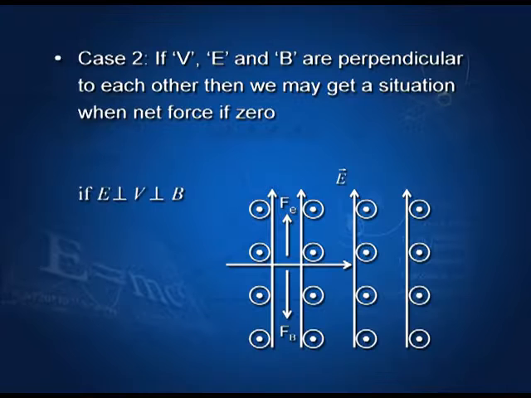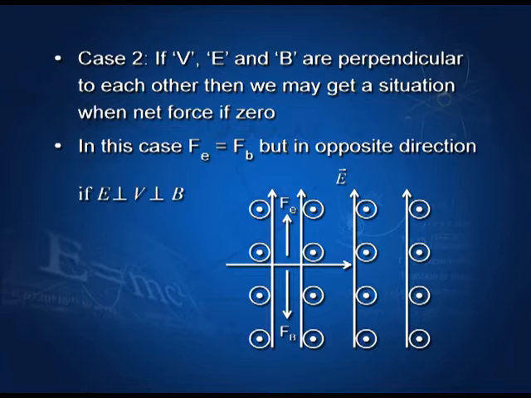Situation number 2: if the velocity, the electric field and the magnetic field are perpendicular to each other, then we may get a situation when the net force is 0. In this case, the force due to the electric field will be equal to the force due to the magnetic field, but both the forces have to be in the opposite direction.